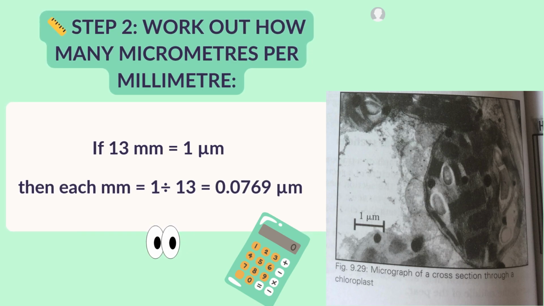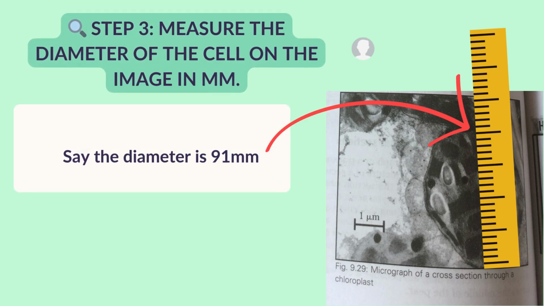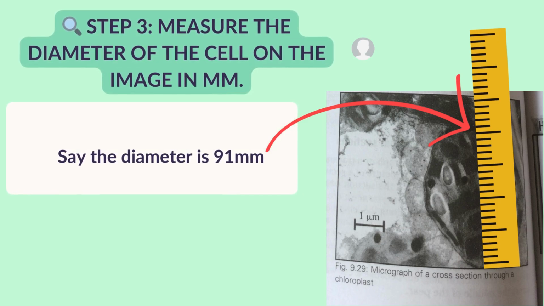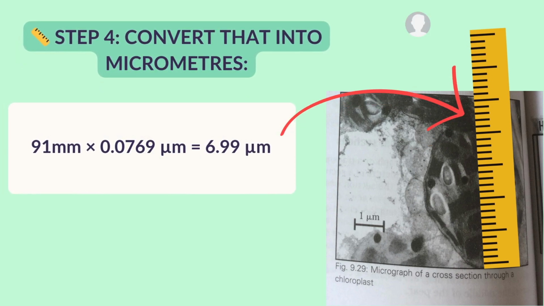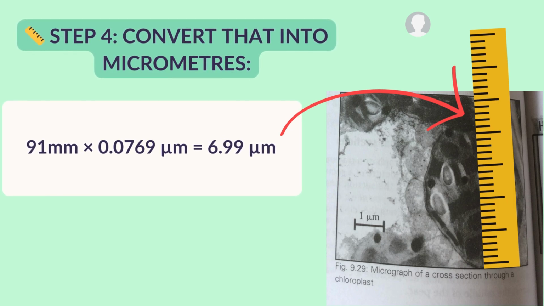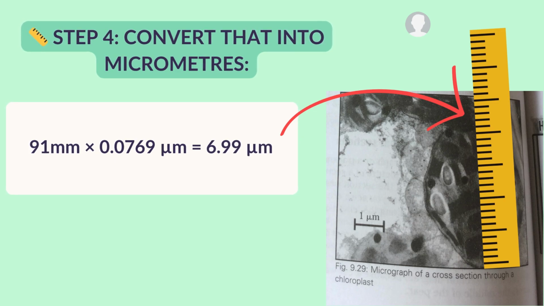So we take 1 divided by 13 and we get our answer. Then we measure the diameter, let's say 91 millimeters. Now we multiply the diameter by the amount we worked out for the scale line, and we get 6.99. If we round it off, it will be 7 micrometers, and that is the actual size of the cell.